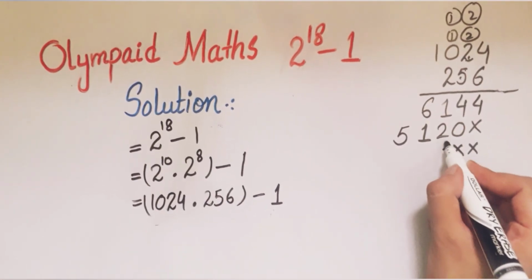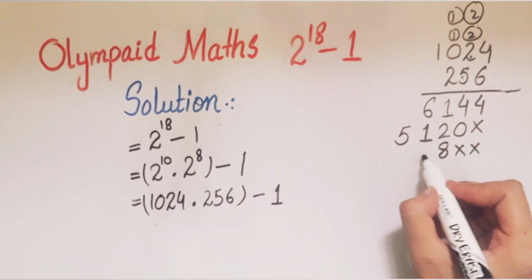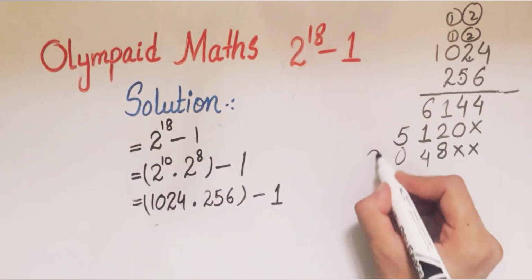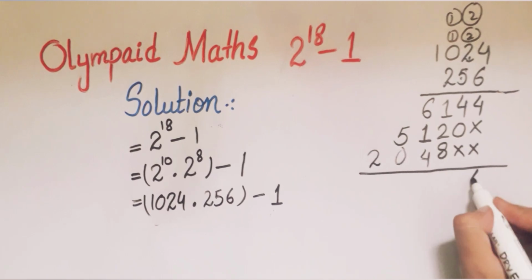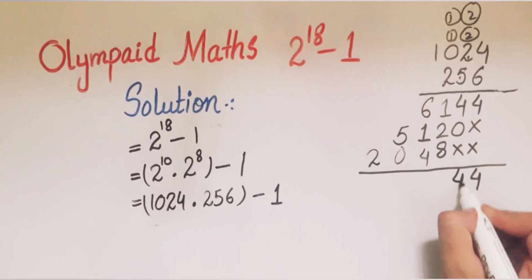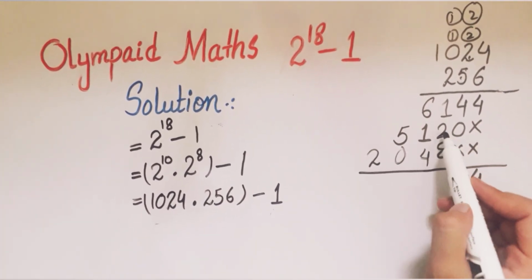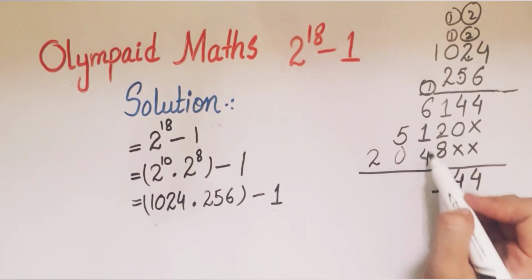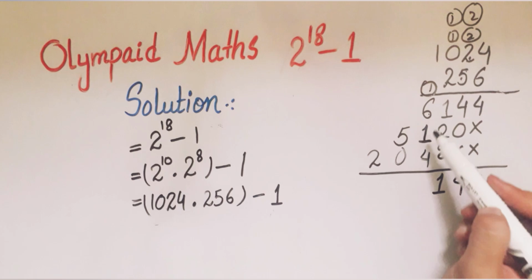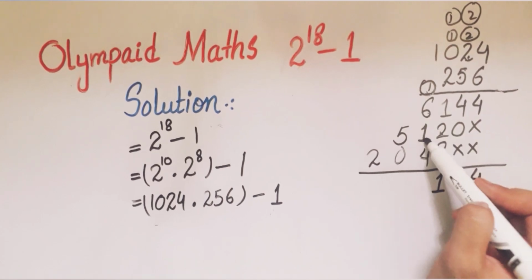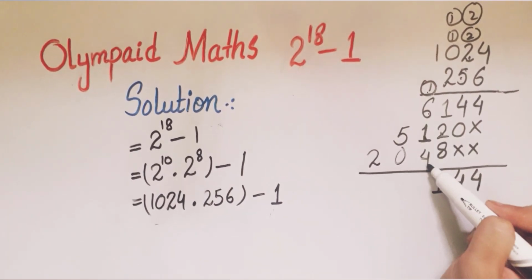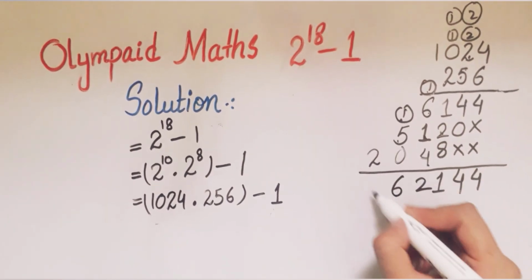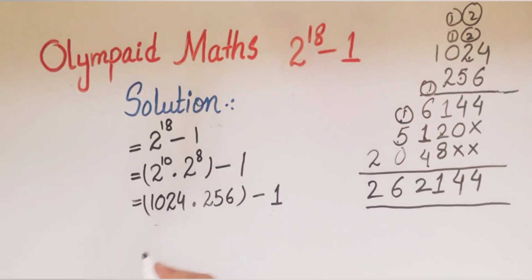Now 4 multiply 2 is 8, 2 multiply 2 is 4, 2 multiply 0 is 0 and 2 multiply 1 is 2. So we have 4, 4 plus 0 is 4, 1 plus 2 is 3, 3 plus 8 is 11 and 6 plus 1 is 7, 7 plus 1 is 8. 8 plus 4 is 12, 5 plus 1 is 6 and 2.